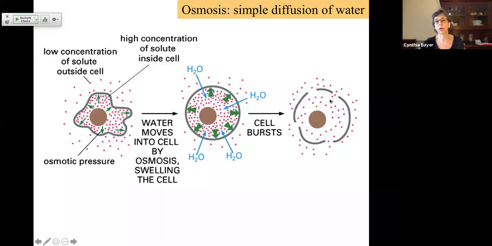only occur once the cell bursts, which is why it's very important that our biological cells are in an isotonic solution.